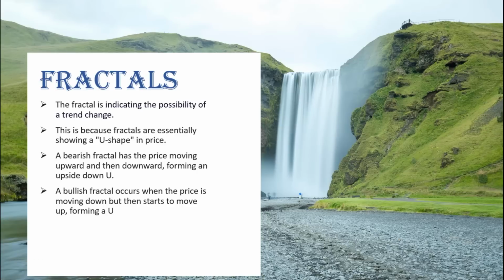Okay, so a bearish fractal has the price moving upward and then downward, forming an upside U. So a bearish fractal is formed at the top of the trend and it will be an upside U, that is an inverted U. A bullish fractal occurs when the price is moving down but then starts to move up, forming a U. So a bullish fractal is formed at the bottom of the trend, forming a U shape.